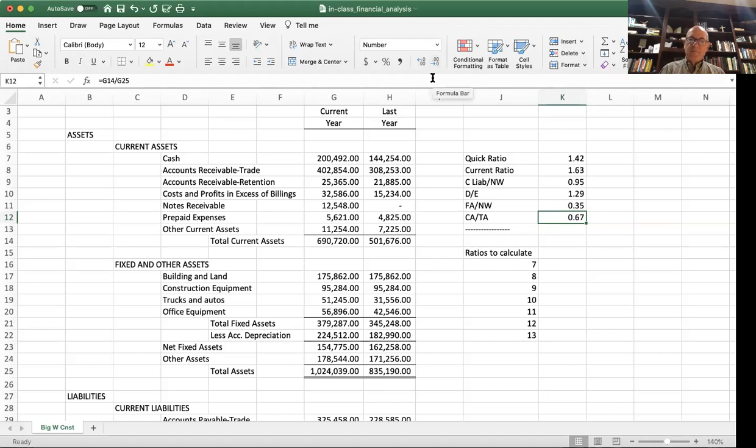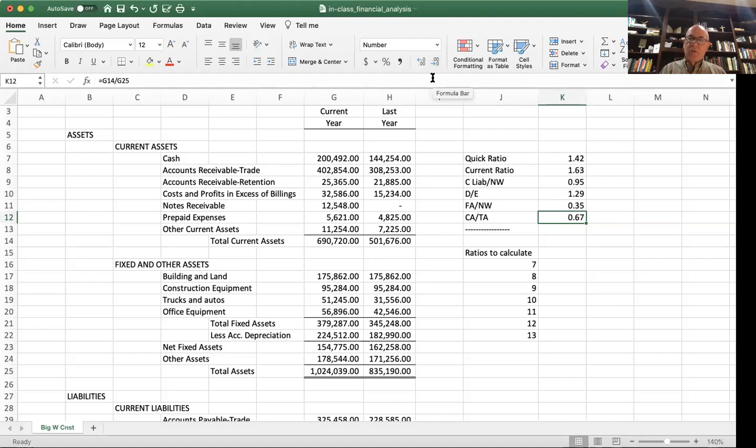Okay, so our current assets, our cash, and those things that are owed to us, right? Those things coming in the next year, all those things that will generate cash, is about 2/3 of all the total assets that we have.